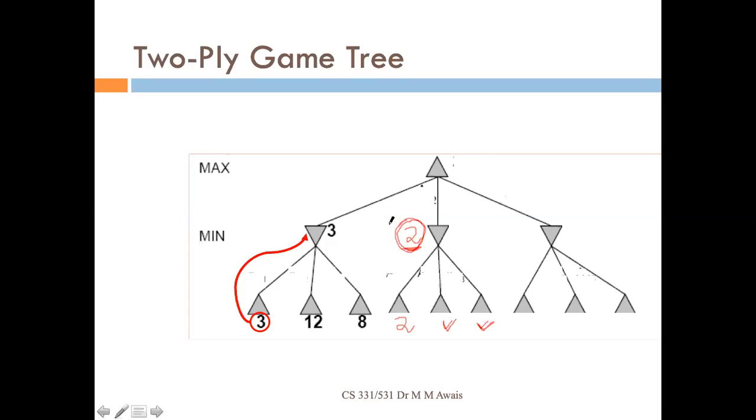This evaluation of this node will only get changed if this is less than 2, because this level is min. So if these 2 evaluations here are greater than 2, will that affect this?